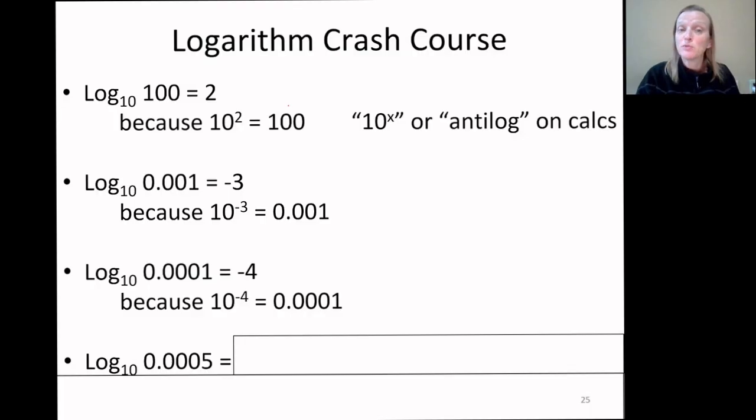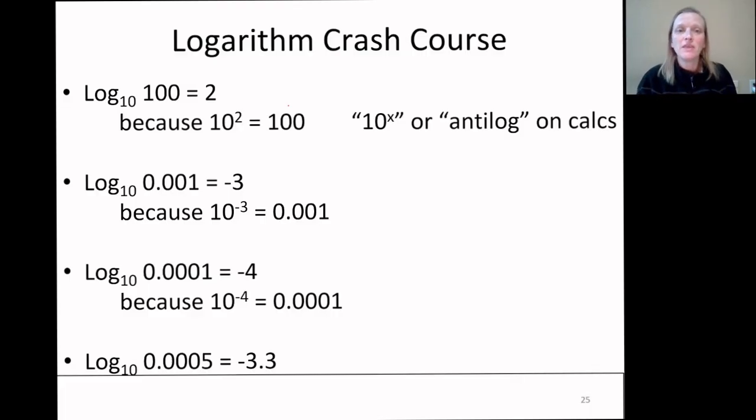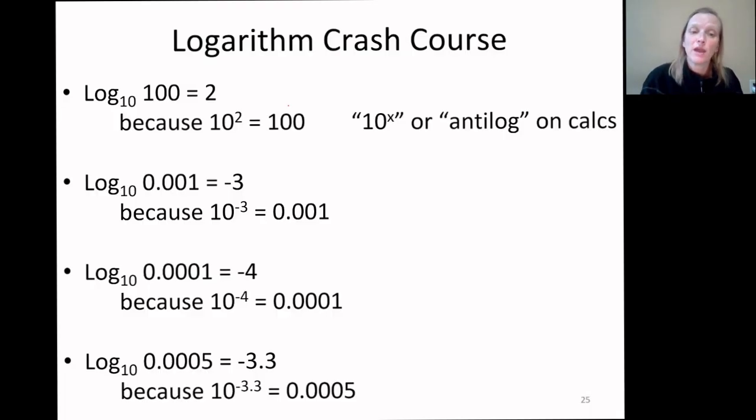So our answer should be between -3 and -4, but it's not halfway between -3 and -4. That's not how a logarithmic scale works. The value is -3.3 because 10 raised to the -3.3 power is approximately 0.0005. That's not the exact answer, but it's an approximation.